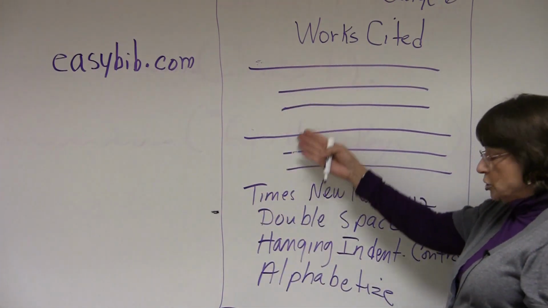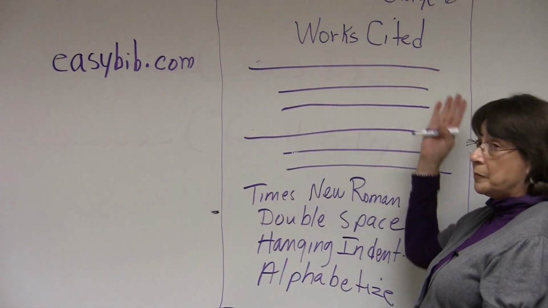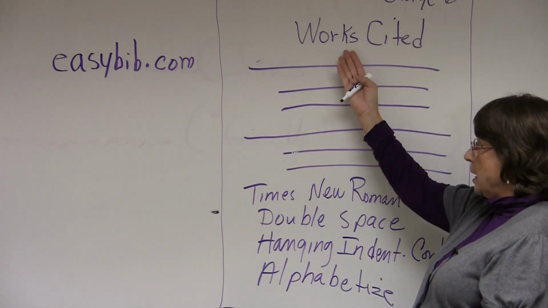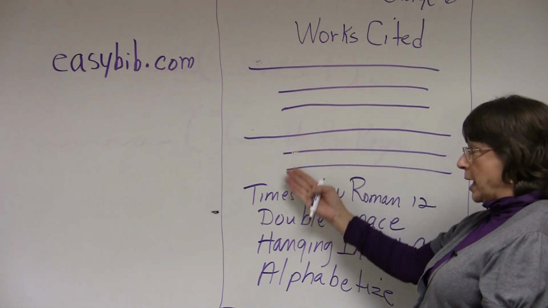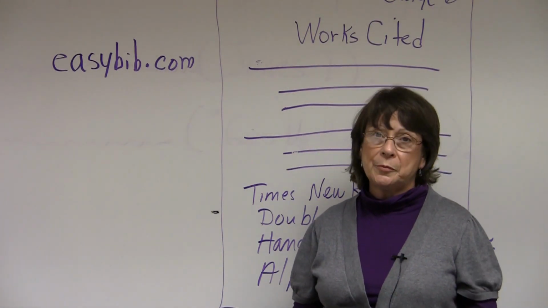So this is the way it should appear. So when you are done, you want to make sure that you have it set up this way. You have your last name and the page number, the title. This is double spaced, it's alphabetized, you use a hanging indent, you use Times New Roman 12 everywhere in the paper.